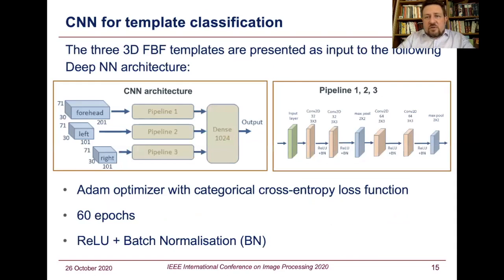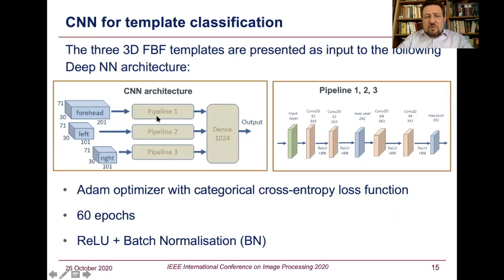The final part of our system is the CNN that is going to do the template classification. As you'll see here, these three areas are fed separately to a CNN pipeline. This pipeline, of course, is displayed here. It is a concatenation of normal convolutional 3D layers with maximum pooling and so on.